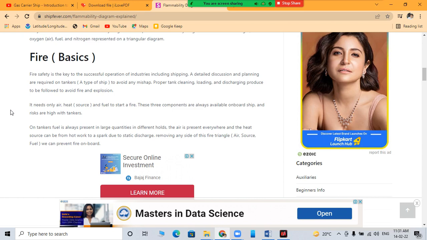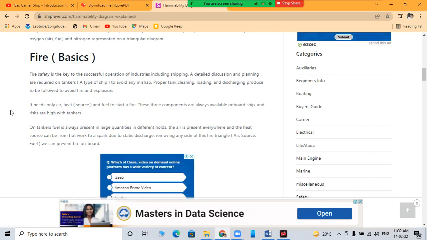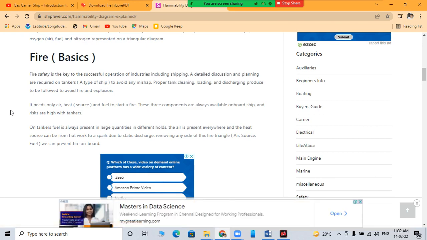Any fuel will catch fire if the source and the air are present in that area. Wood can be called a fuel, coal can also be called a fuel, petroleum products come under fuel, and so do any gases or chemicals which have the properties to catch fire.